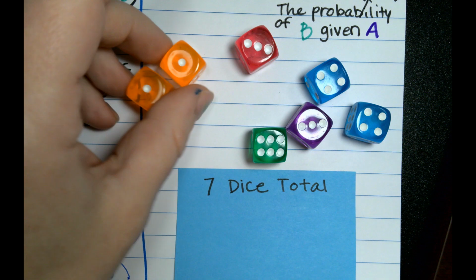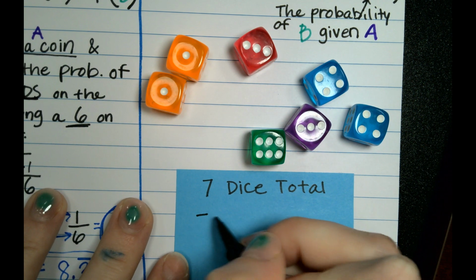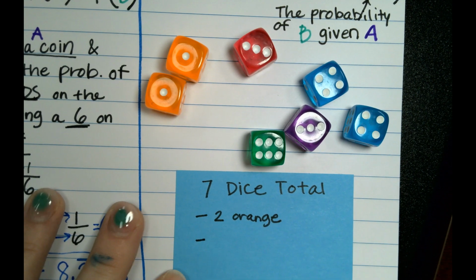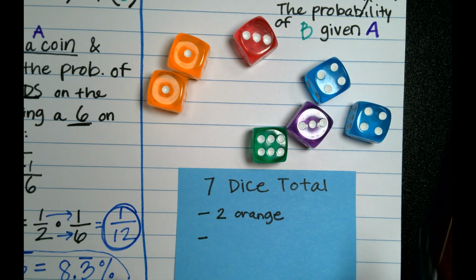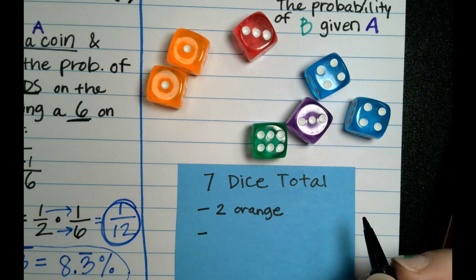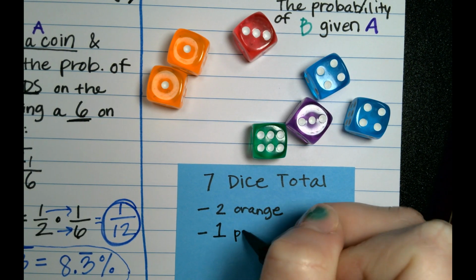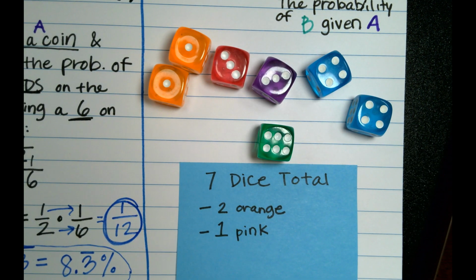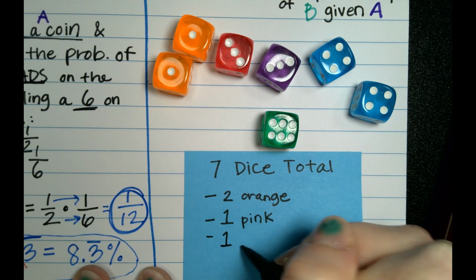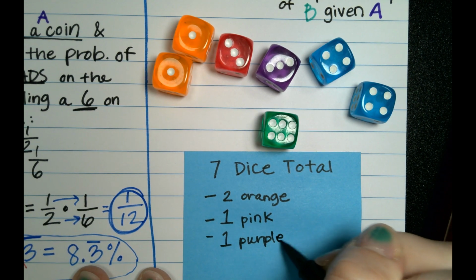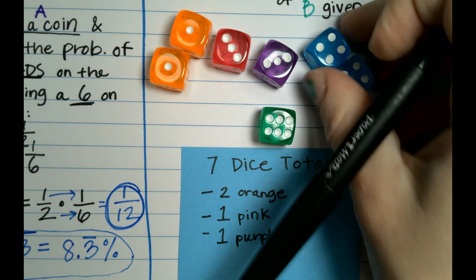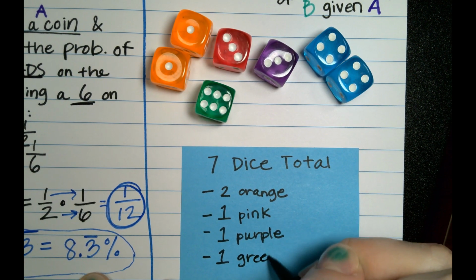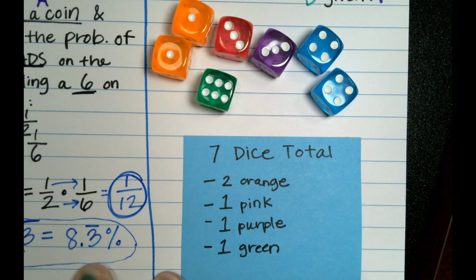I've got 2 that are orange, so I'm going to write that. 2 orange. I have 1 pink. It might look red to you. So 1 pink, 1 purple, 1 green, and 2 blue.